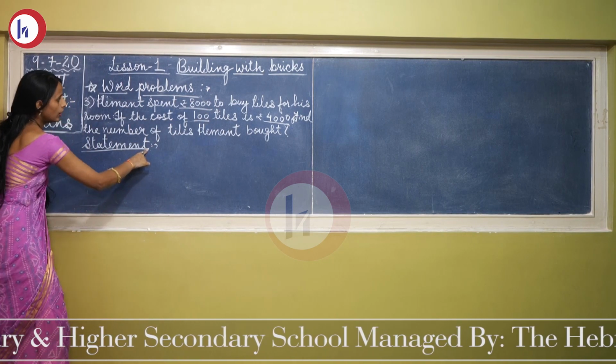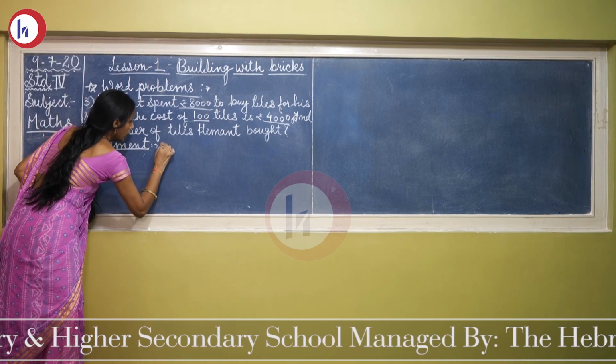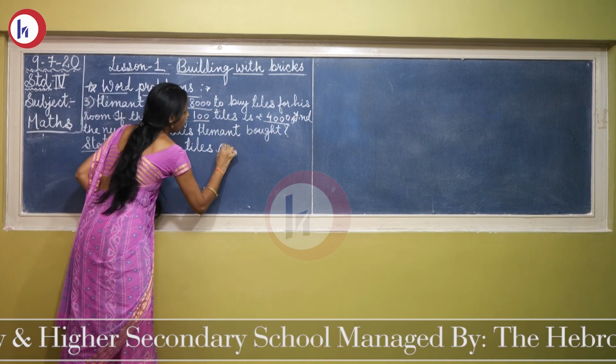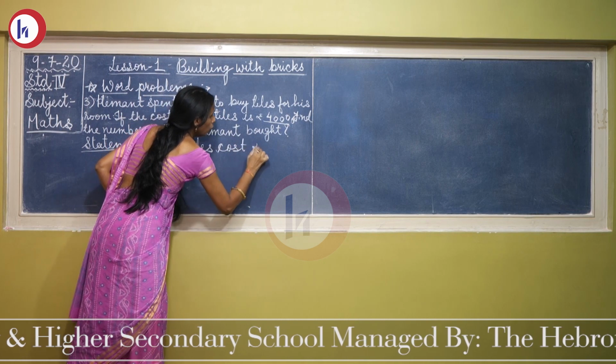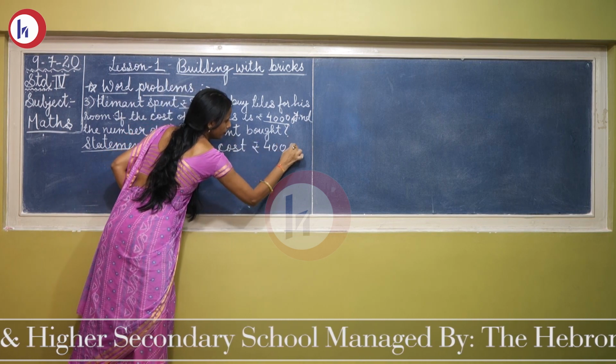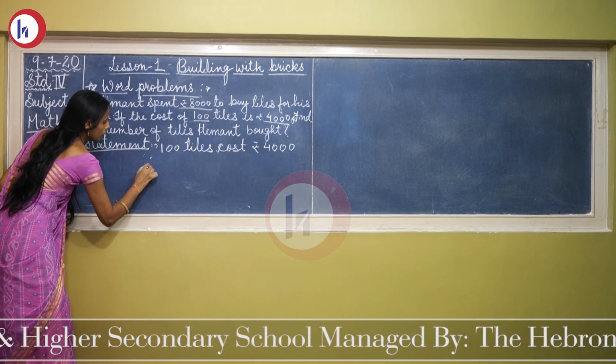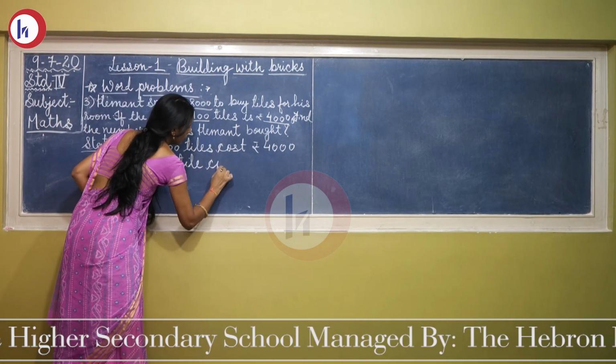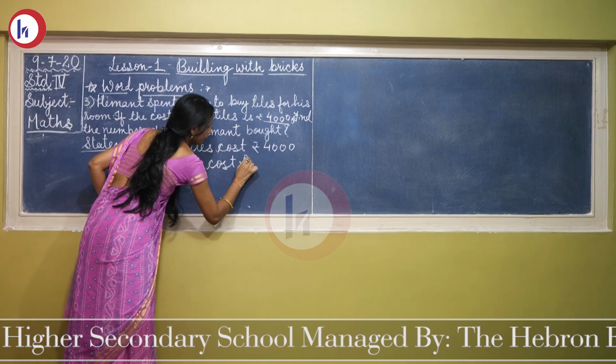So the first line will be: 100 tiles cost rupees 4,000. So one tile costs how much?